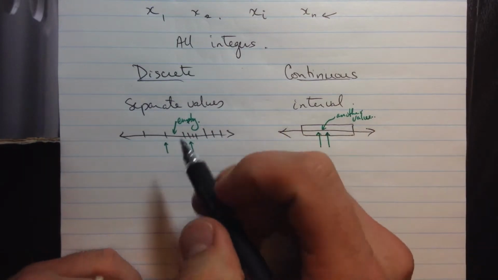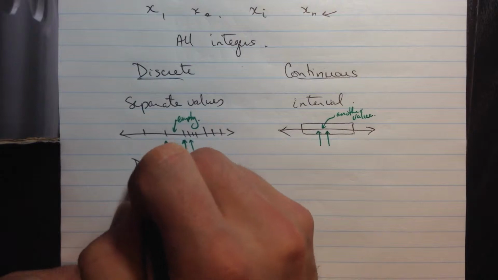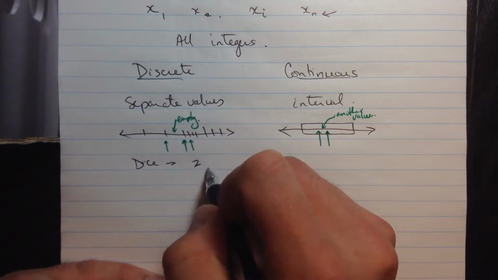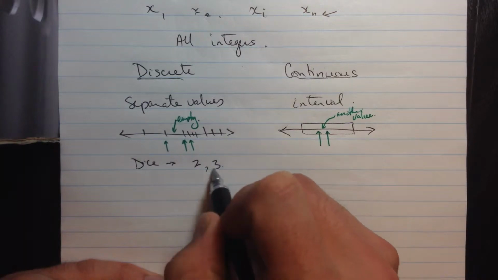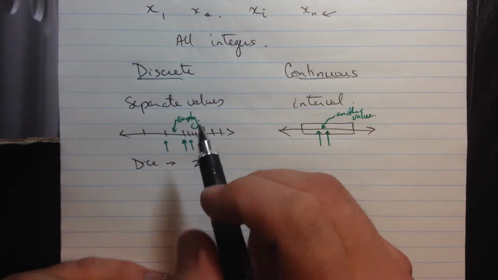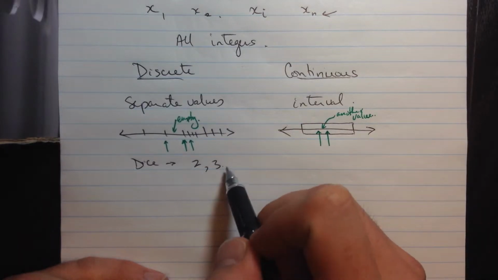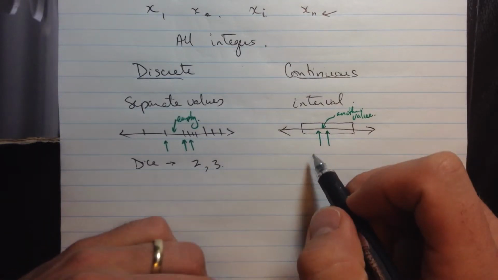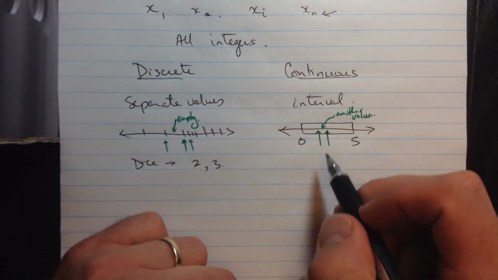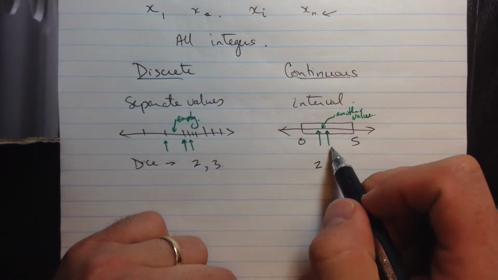So a discrete example then, that dice example, if you pick 2, then the next value to that is 3, and there's nothing in between. And it's always possible, if you pick a value like 2, to pick that next value on either side of it. But here, let's say this interval is from 0 to 5, if I were to pick this value 2, then there is no next value to it.